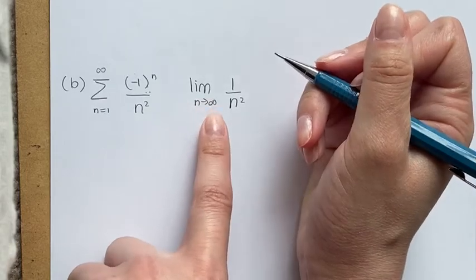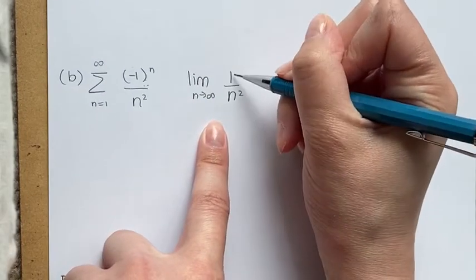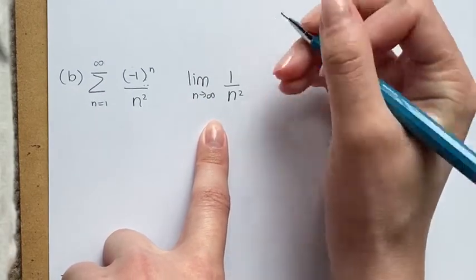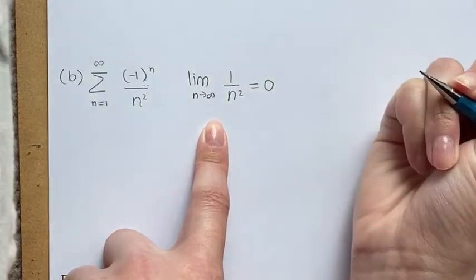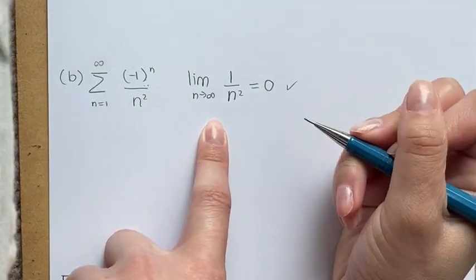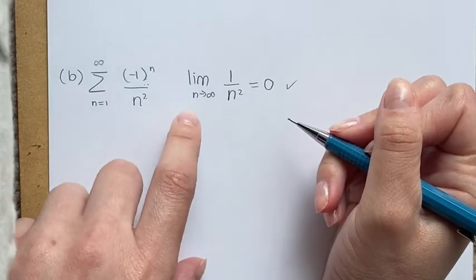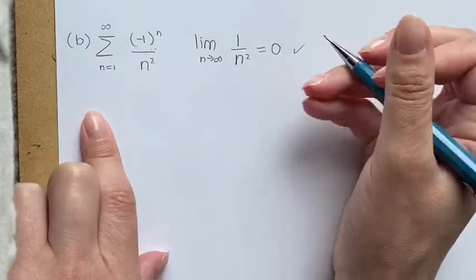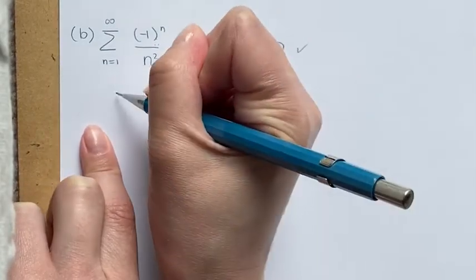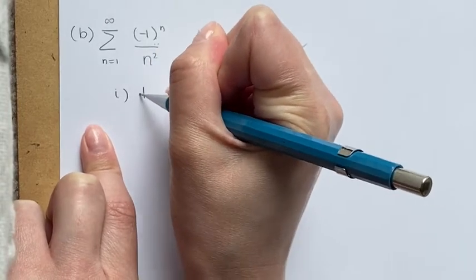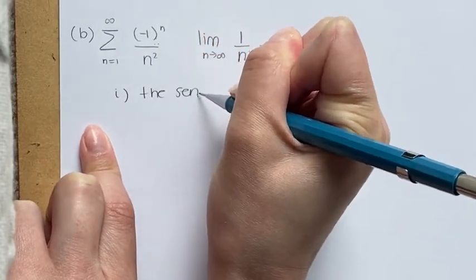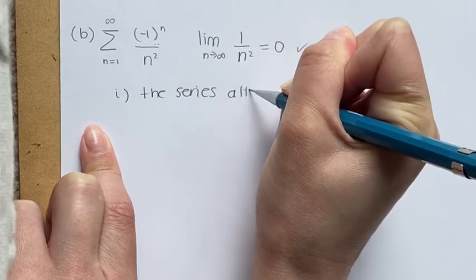Well, you know that this is 1 divided by something huge, so this is going to be equal to 0, so your condition is met. So what are you going to do? Well, you need to put the 3 conditions. The first condition is the series alternates.